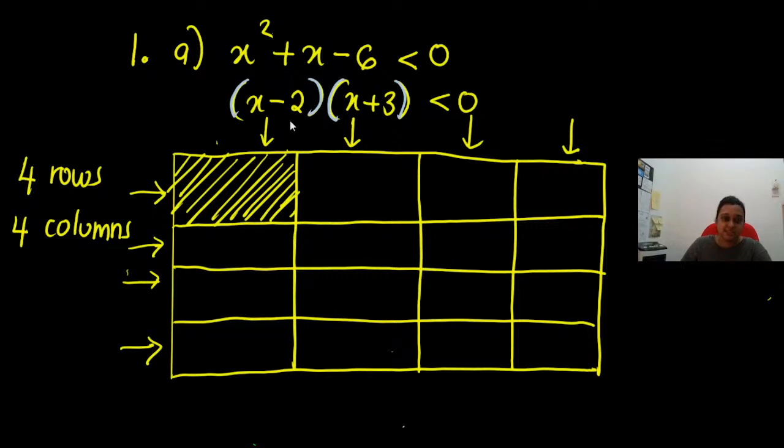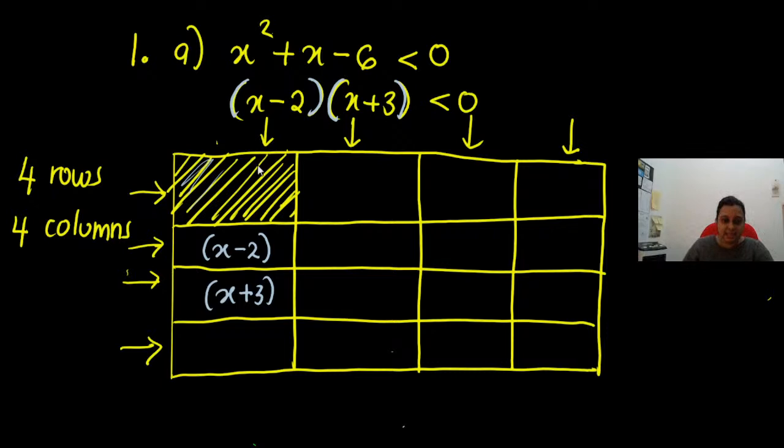Okay, this x minus 2, you copy in the first row. Teacher considers this the first row, because here we are not using it, right? Second row, we are going to write x plus 3. Just copy only. Later, you will understand why table method is easy, because you just have to copy, that's all.